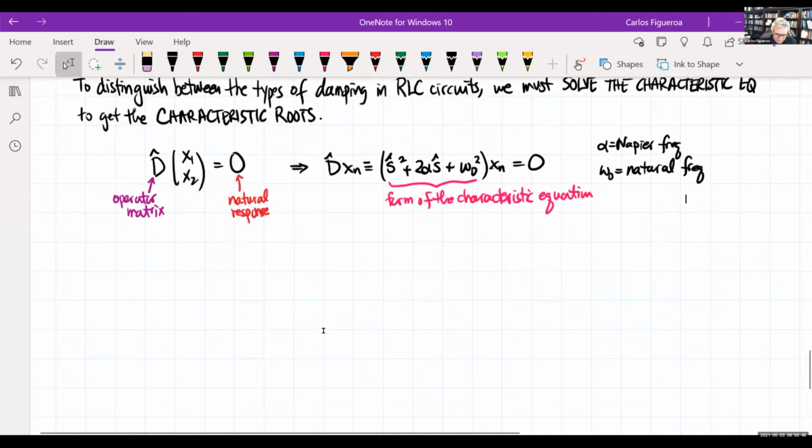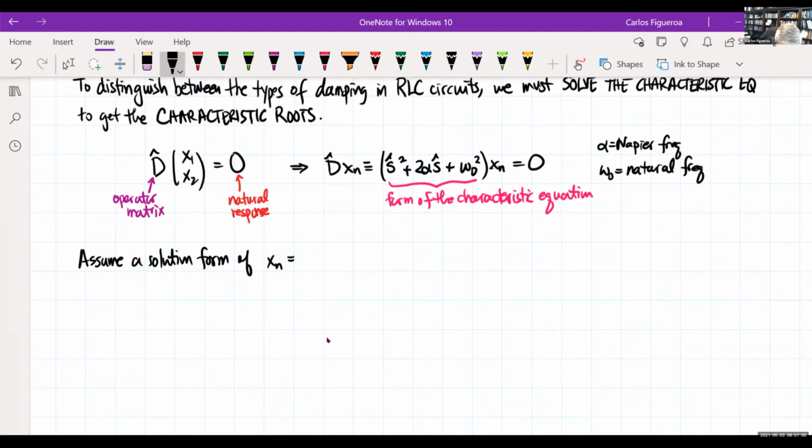So starting with this, we now assume a solution form of x_n equals A e^(st).